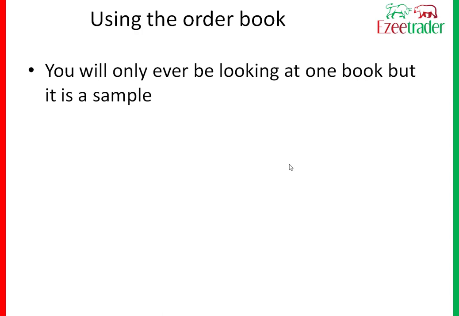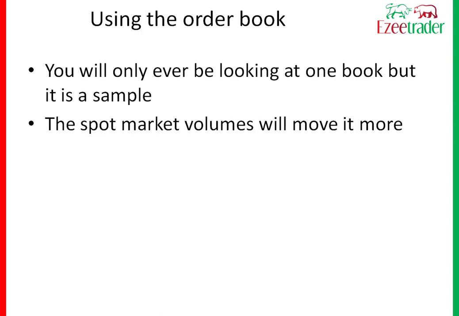Effectively, the interbank levels are what we're really ideally looking at. But of course, if you're looking at a broker's book, it is one book, but it's a good example. The spot market volumes will move it more, so you've got to be aware that if there's plenty of volume starting to come in one way or the other, it can shoot through these order books, and of course, on that basis, it's a bit of a guide.